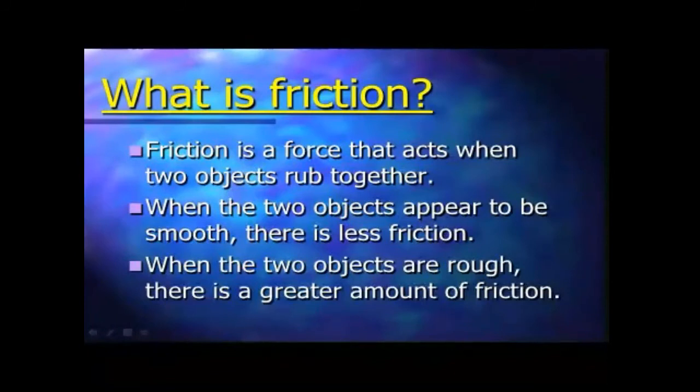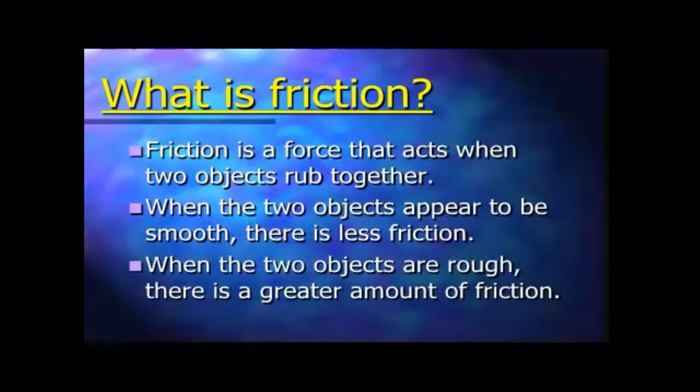When the two objects appear to be smooth, there is less friction, like plane surfaces. On plane surfaces, friction is less. When the two objects are rough, there is a greater amount of friction. So more or less friction depends on the surface of the object.